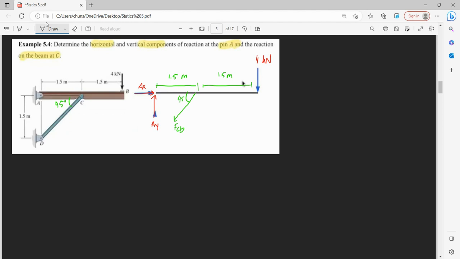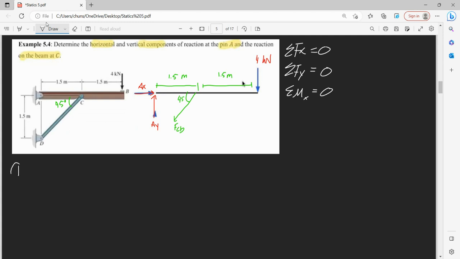So first step to solving this, we know we have three equations. So everything must be in equilibrium, which means our sum of Fx reactions is equal to 0, sum of Fy reactions are equal to 0, and our sum of moments around a certain point are equal to 0. So we're going to use these three equations to solve for our three unknowns.